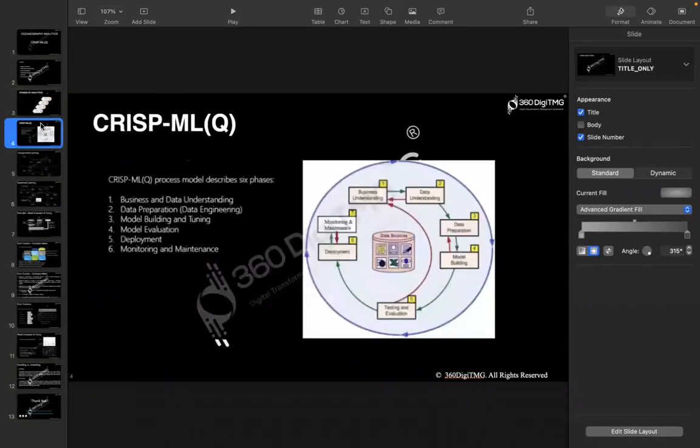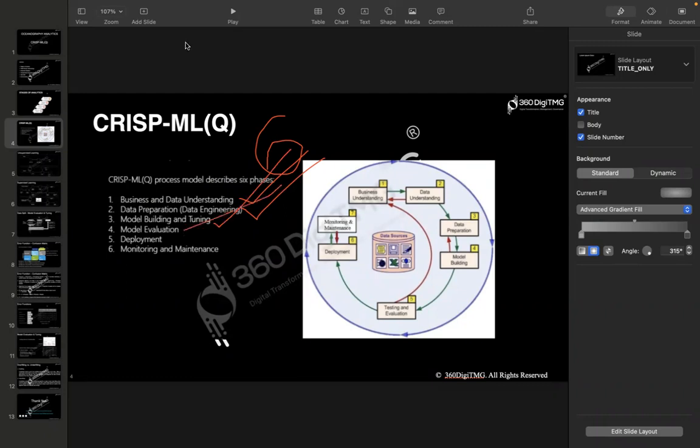So when we move to this CRISP-ML(Q), here we have a process which is described in 6 phases. So they are business understanding, data understanding, sorry. Then we have data preparation and data engineering. Then we have model building and tuning.